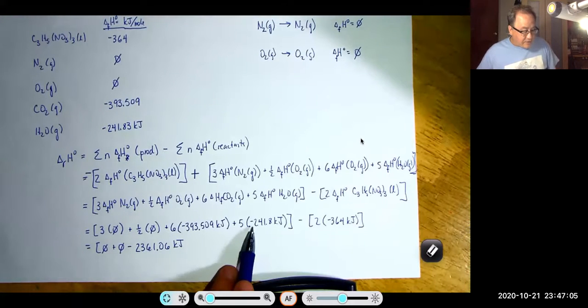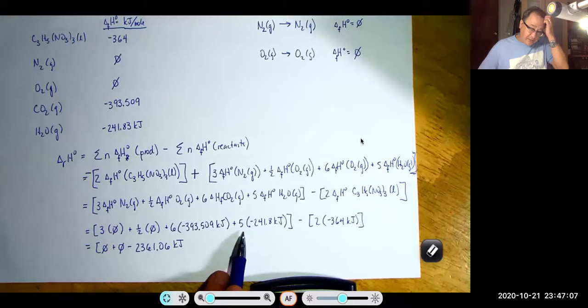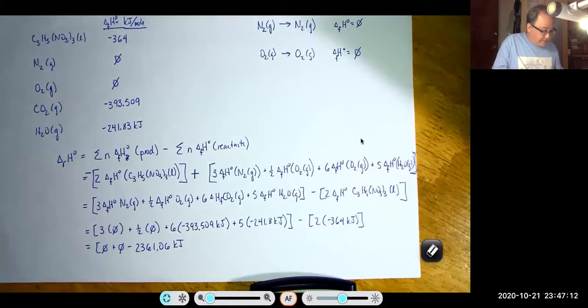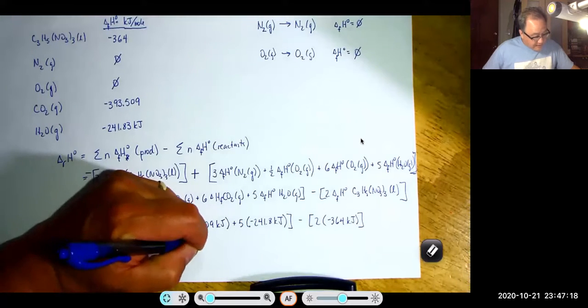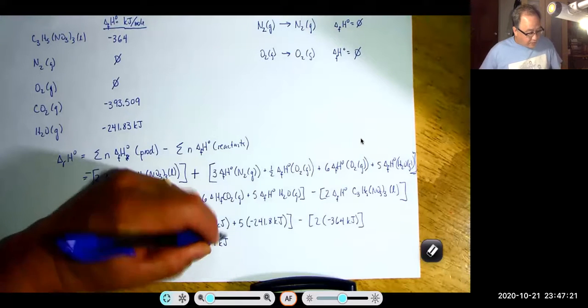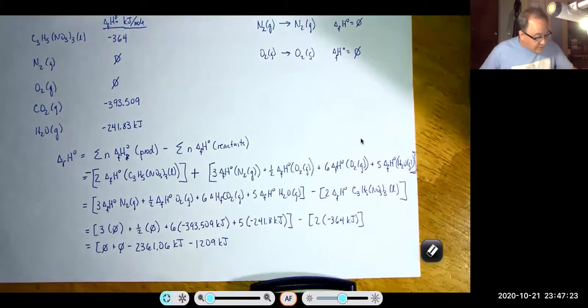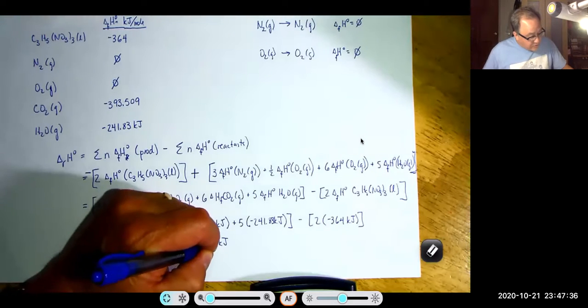Here I have negative 241 times 5, which should be close to negative 1200. So 5 times 241.8 is equal to negative 1209 kilojoules. 4 sig figs and 4 sig figs. Oh, I should have had a 3 there. So 241.83 times 5 is 1209.2.